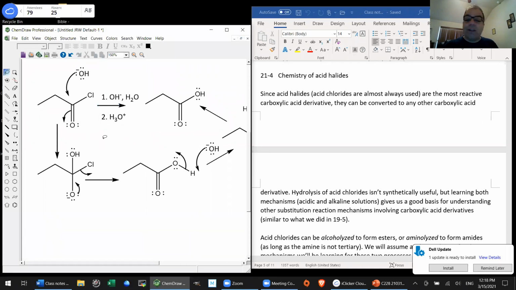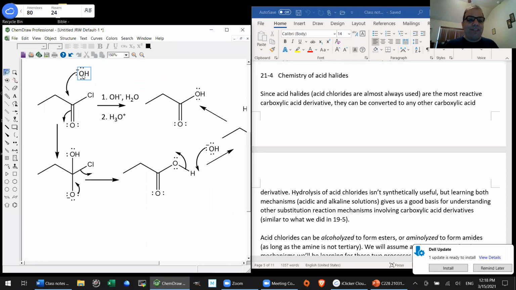Since we're under alkaline conditions, now we don't have to worry about protonating that carbonyl oxygen first. In fact, we'd better not, because if we were to do so, we'd have a cation under alkaline conditions, and it doesn't make sense to generate species that look like that under alkaline conditions. They're too reactive. They would be either immediately deprotonated or would immediately suffer nucleophilic attack.